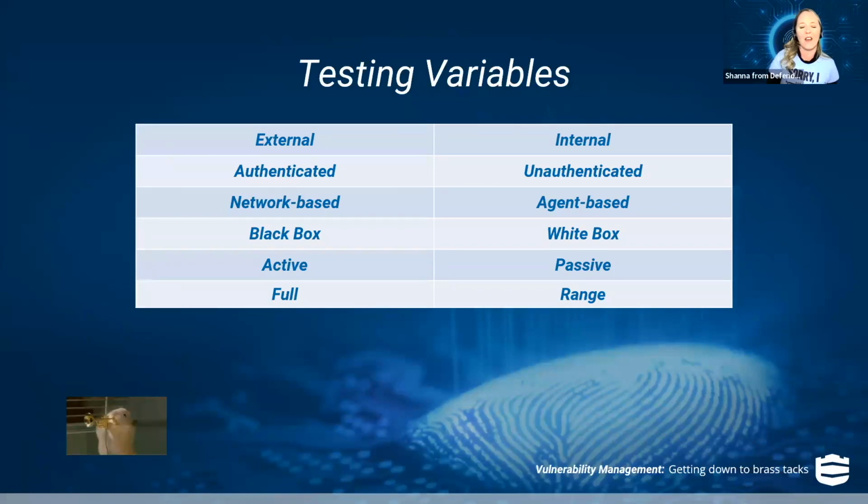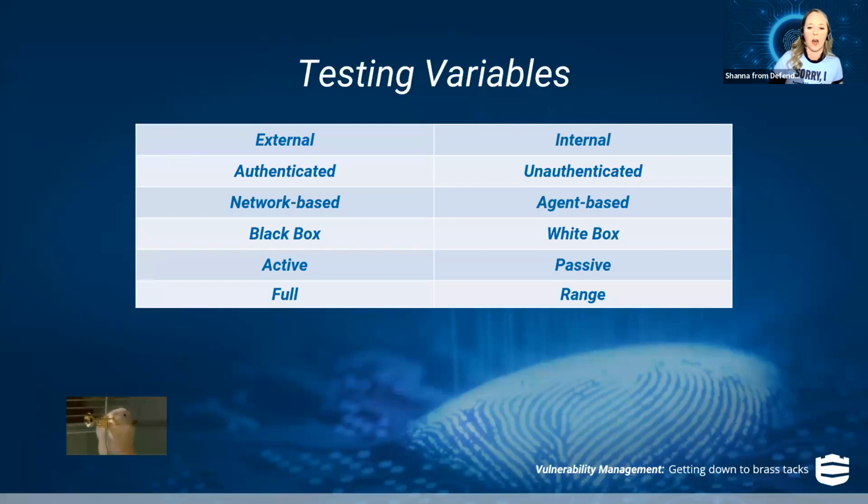An unauthenticated scan is where it is void of network access, kind of like how an attacker would likely be starting. They might not necessarily have credentials or authorization. They may not be positioned inside the network, so they might not have the validation or perspective of an authorized or authenticated user.